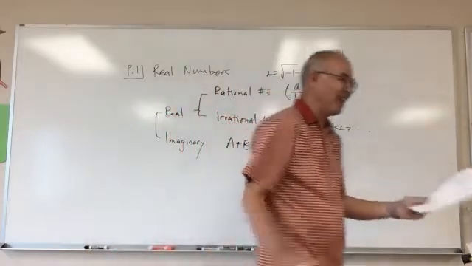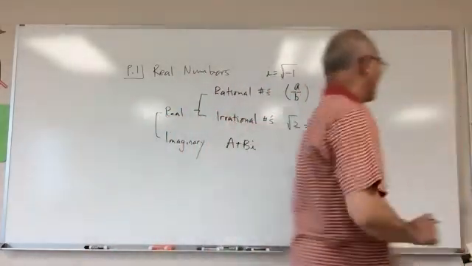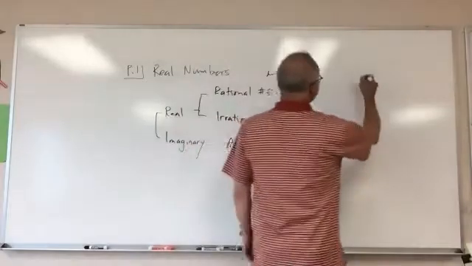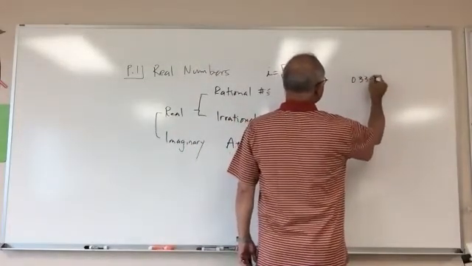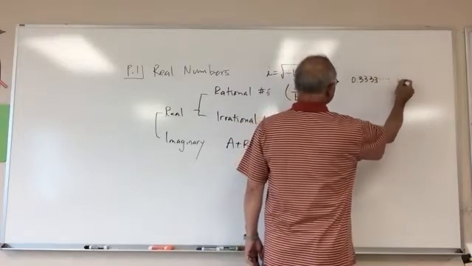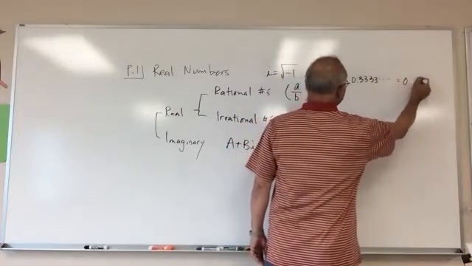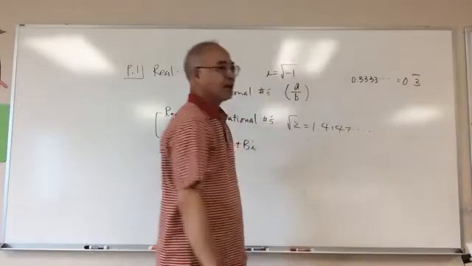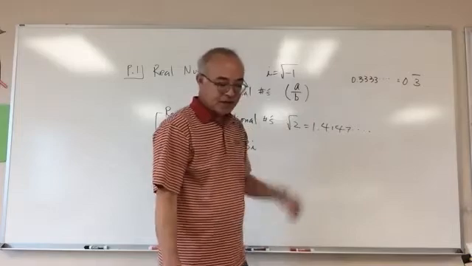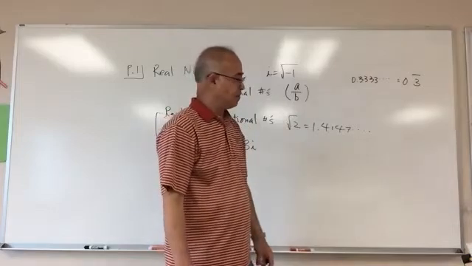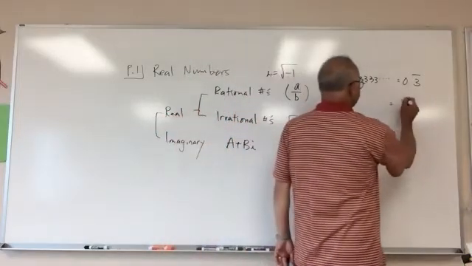In pre-algebra, you are taught that 0.3333 and on is equal to what? This is 0.3 repeating. Can anybody tell me what the fraction form of this looks like? 1/3, right? This is the same as 1/3.